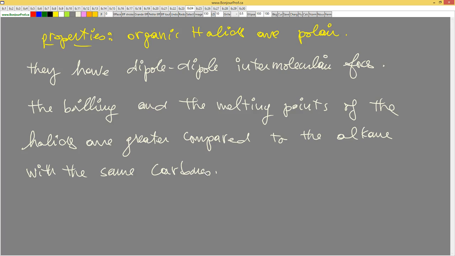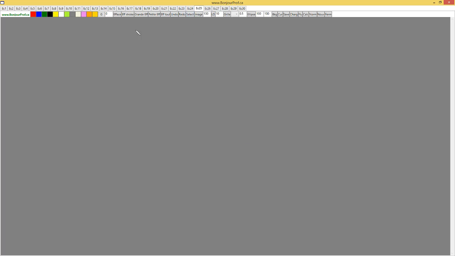It's only because we have more forces, dipole. The alkanes, we said, they are not polar. Alkenes are not polar.